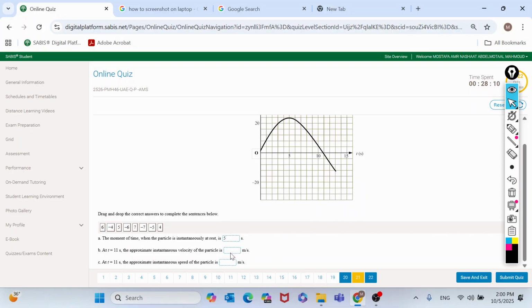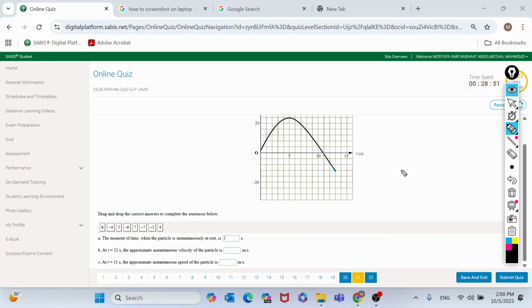At t equals 11, the instantaneous velocity of the particle is something else. So you would find the slope of the tangent at this point because it's a curve. But actually, in the question, this end segment is a straight line. I know this question is not that clear.